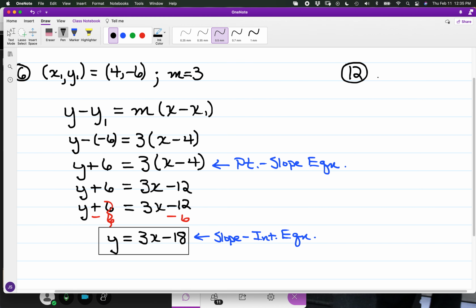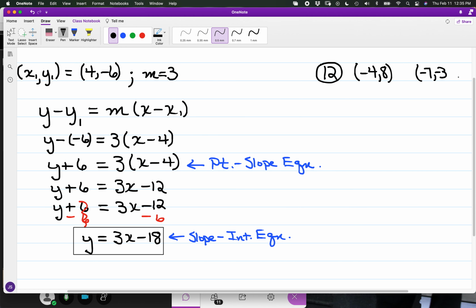For this particular line, it's going to pass through (-4, 8) as well as (-7, -3). Now we don't have the slope given, and we'll have to find out what that is.